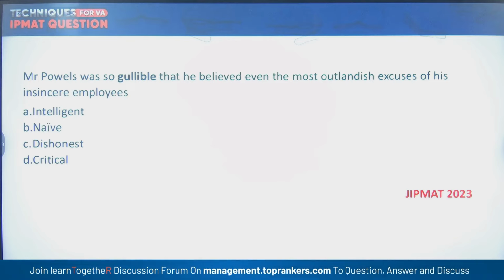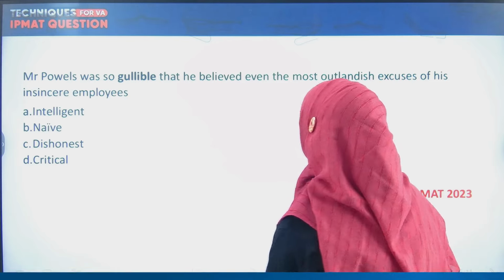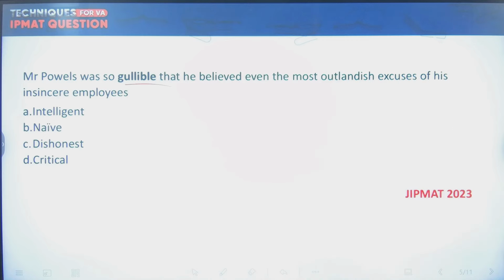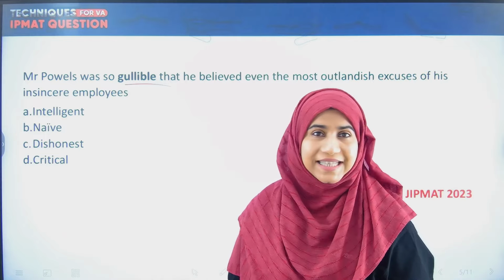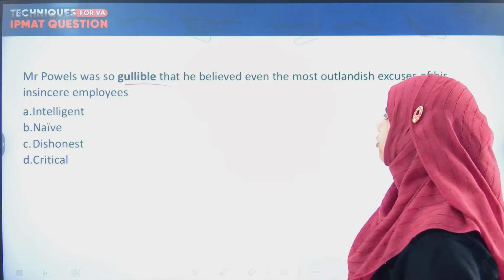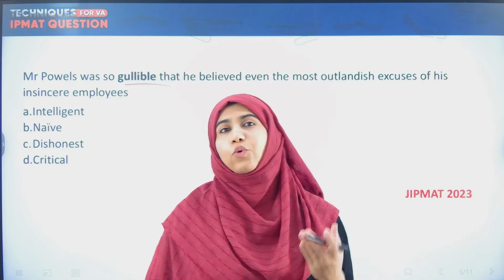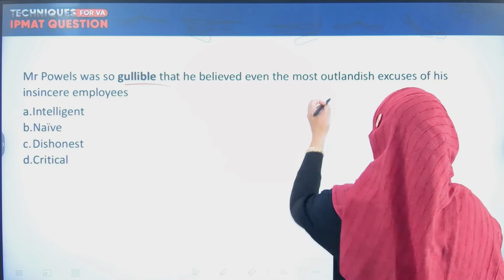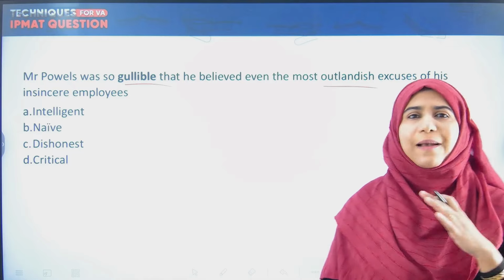A similar question. Mr. Powers was so gullible that he believed even the most outlandish excuses of his insincere employees. Okay, so let's assume that you don't know the meaning of the word gullible, right? And secondly, you don't even know what you mean by outlandish. That's absolutely fine.